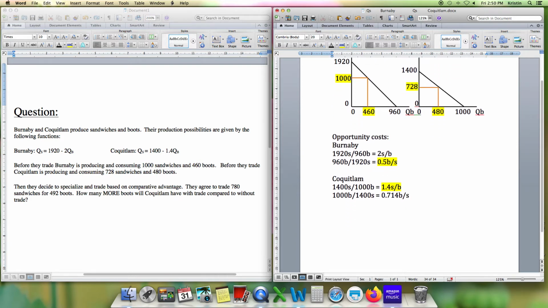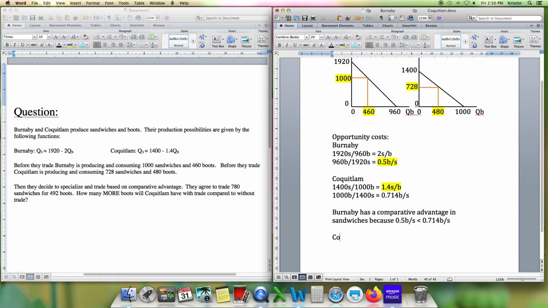Okay, so let's write this down. Burnaby has a comparative advantage in sandwiches because 0.5 boots per sandwich is less than 0.714 boots per sandwich.